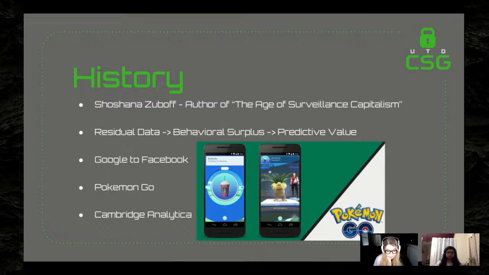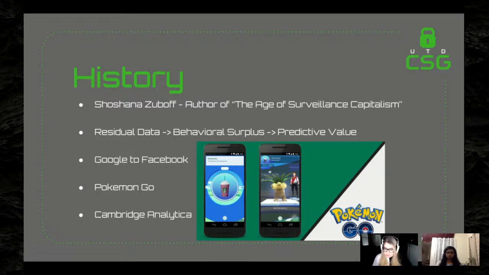So the investment opportunity of this residual data became apparent to Google, and one of the executives brought that philosophy over to Facebook. And Facebook was found to be experimenting with subliminal cues. They actually manipulated words and language to change real-world behavior.